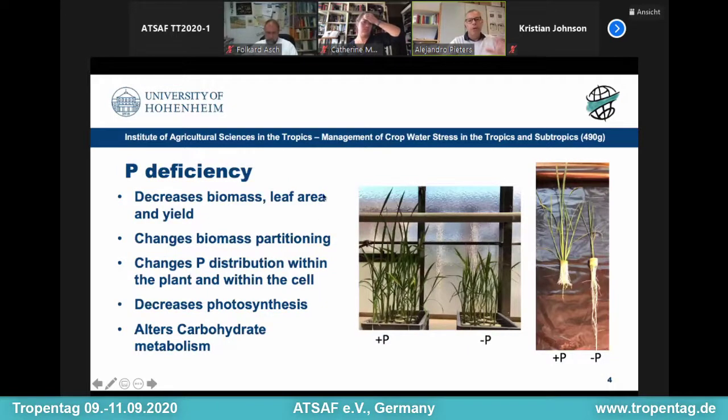And so that all of us stay in a common context, I would like to show a few general effects of phosphorus deficiency, which are general to plants.